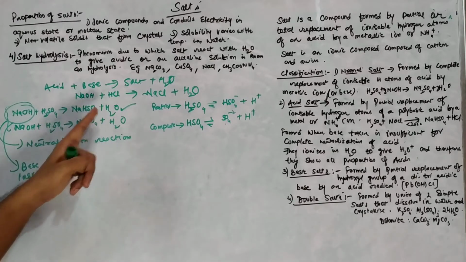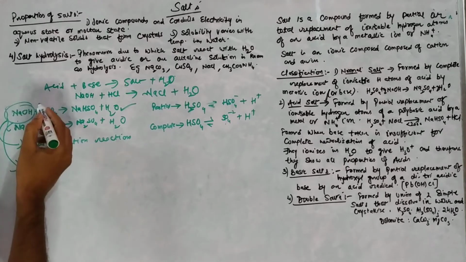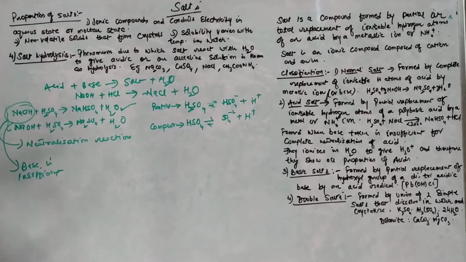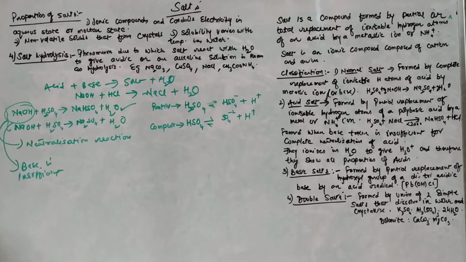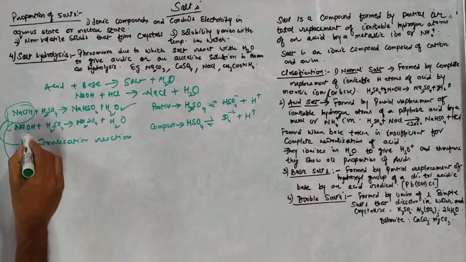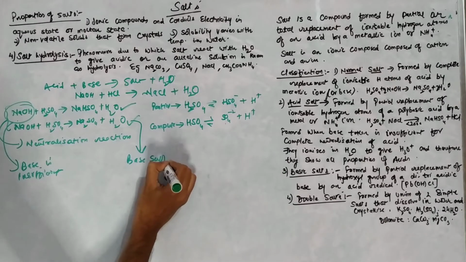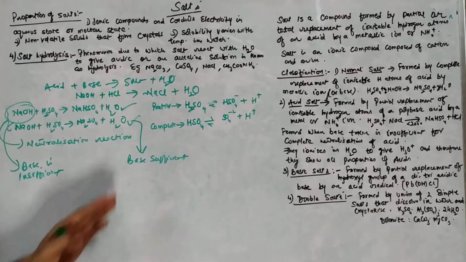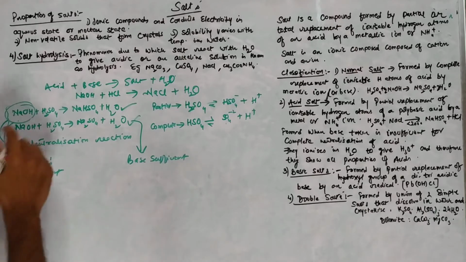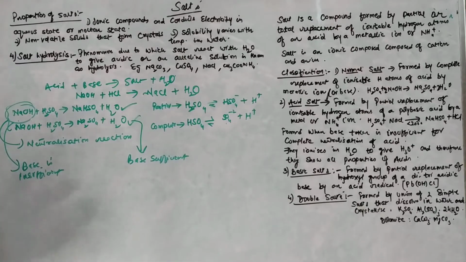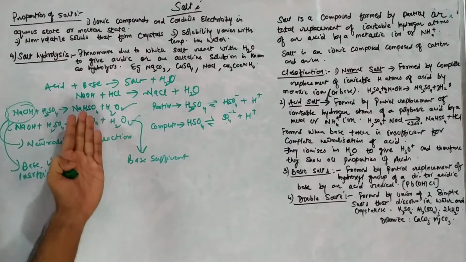So the first reaction will occur when the base is insufficient, that is why it is not able to ionize or replace all hydrogen atoms of sulfuric acid. And in the second case, the base is sufficient to neutralize sulfuric acid. In the first reaction, the base is insufficient to neutralize sulfuric acid, so it formed this salt.